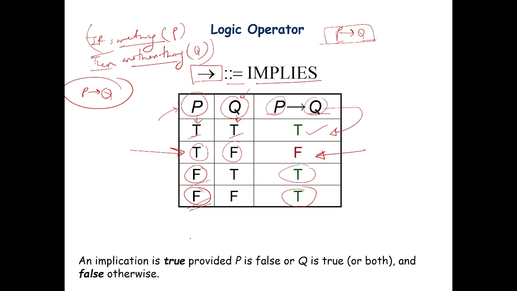Okay, so here we can see a valuable pattern. An implication is true provided P is false or Q is true.